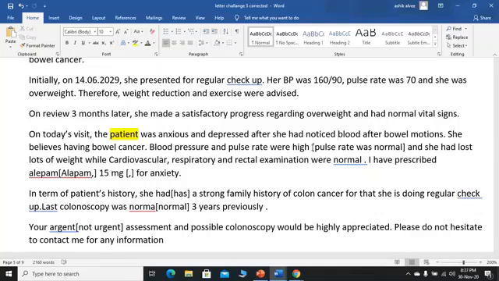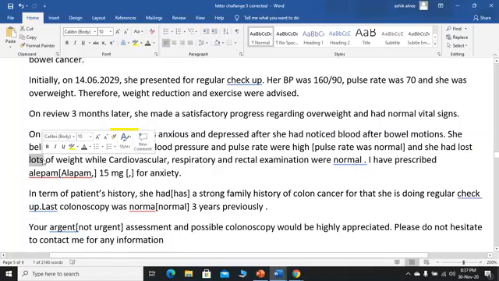Remember, when you are writing about physical findings of the physical examination, you don't need to mention any normal finding. If you only write the abnormal findings, that is good enough. Or if you only write the positive findings, that is good enough. "And she had lost lots of weight." This is another informal writing. Not lots of weight.